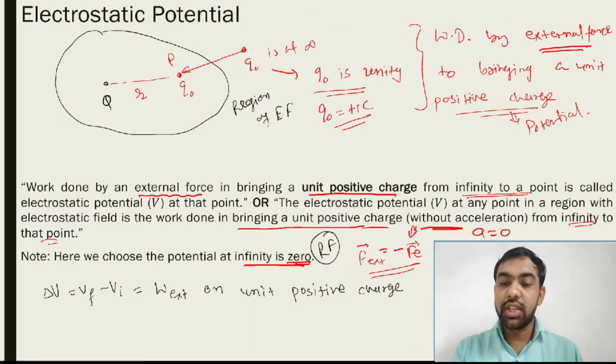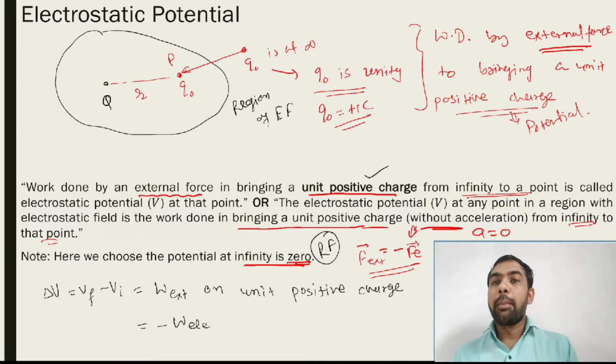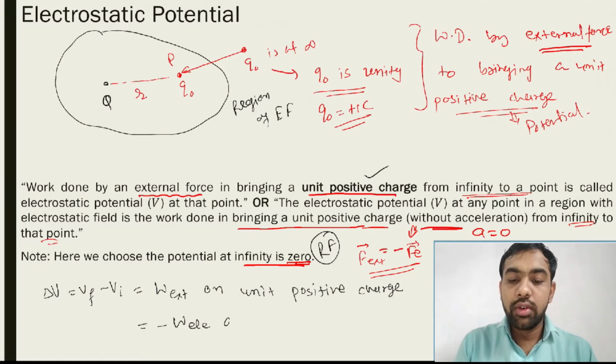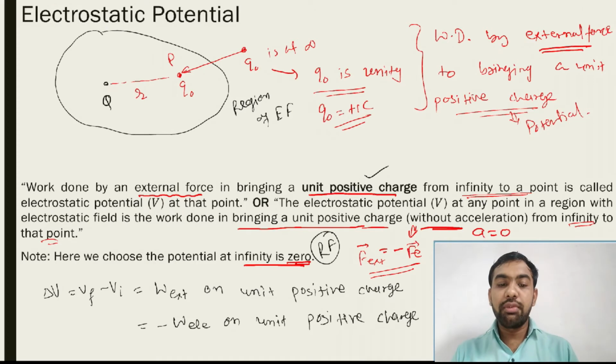Why unit? Because it is a definition. Or you can also define it as W minus W electrical on a unit positive charge. Simple definition: delta V, that is V final minus V initial, is equal to W action on a unit positive charge.